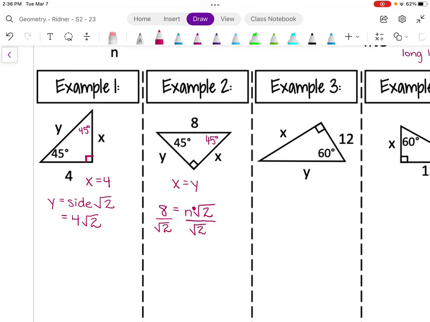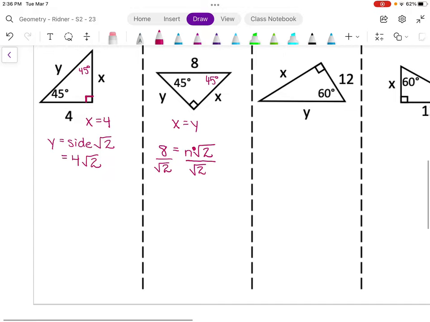So, long time ago, before calculators, mathematicians decided we do not like radicals in the denominator because it makes it harder to divide. So what we do to get rid of them is multiply the top and the bottom by that radical, and then just multiply straight across.